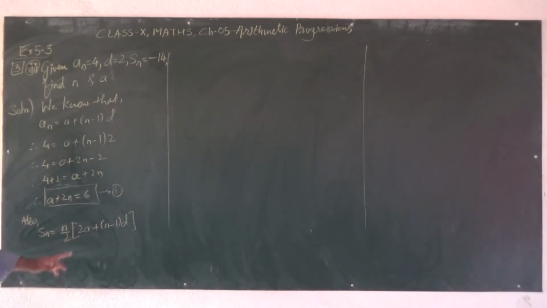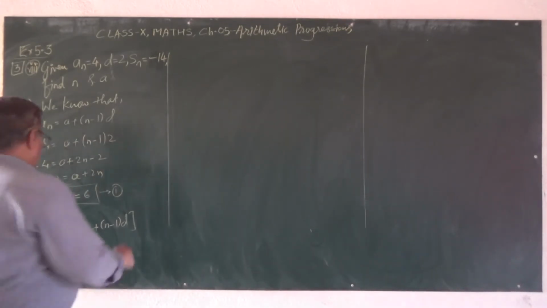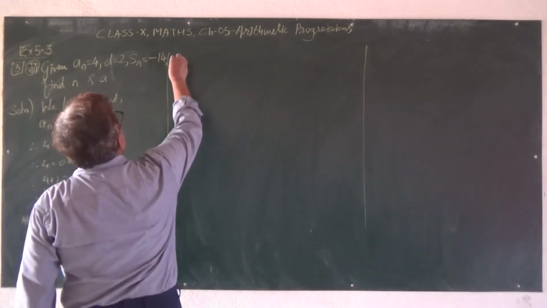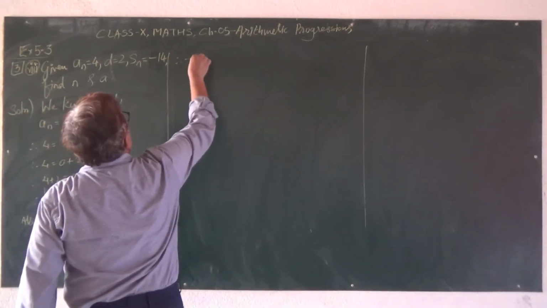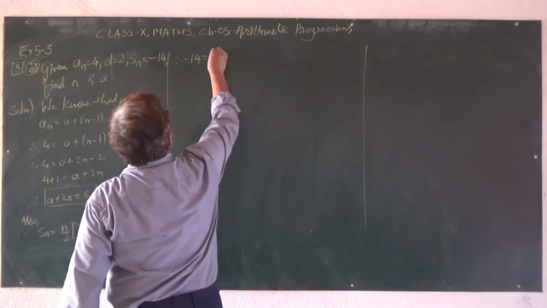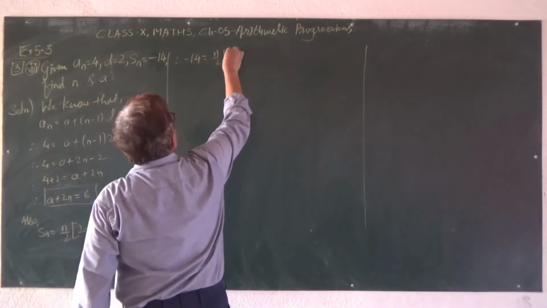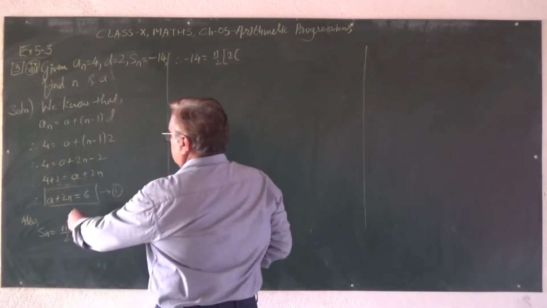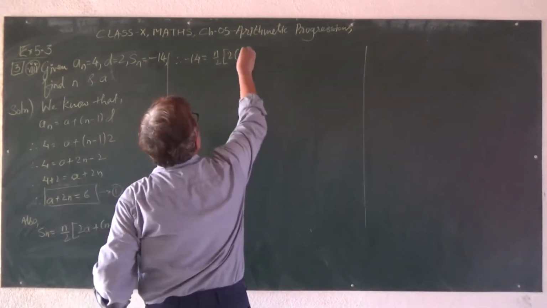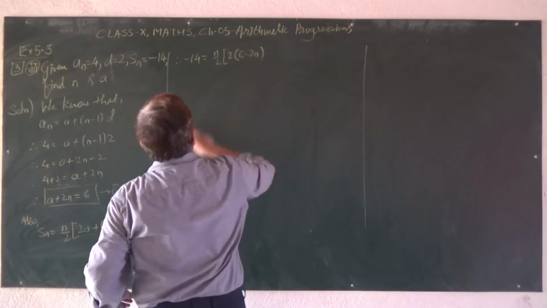Any one you can use. I will use this. So Sn is minus 14, n by 2 into bracket A, A is 6 minus 2n.